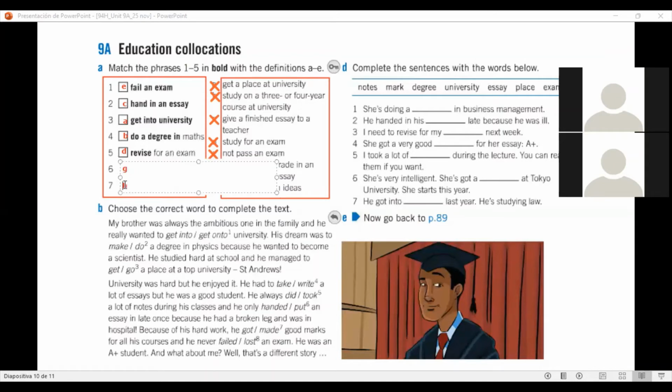Get good marks. Remember, get good marks in this case. Tener buenas calificaciones, ¿no? ¿Cuál es un sinónimo o como decíamos nosotros, calificaciones? ¿Se acuerdan? Había otra palabrita.